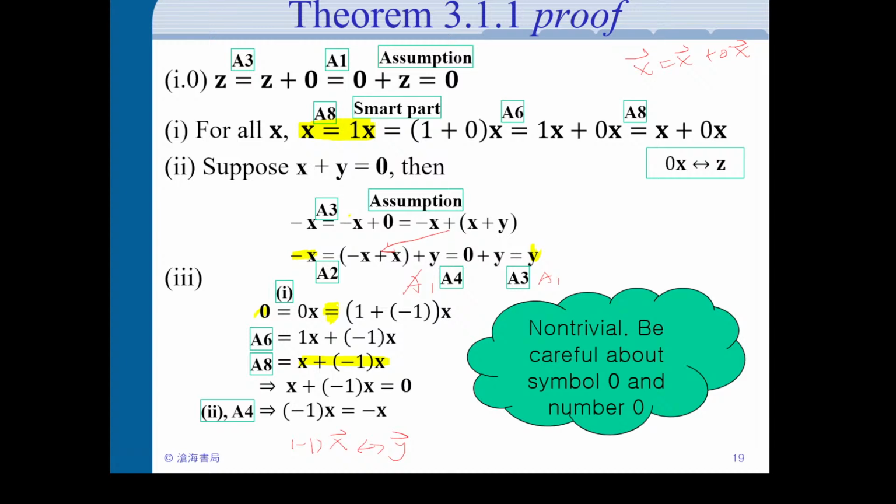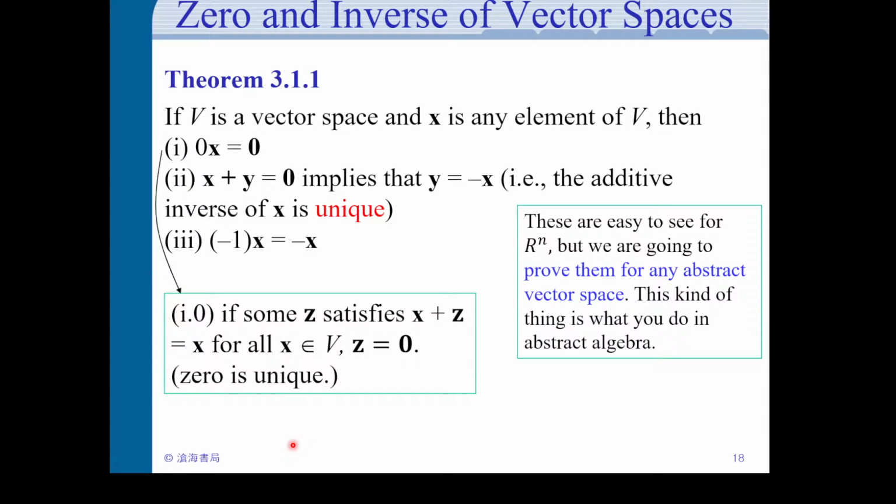So this is a very mathematical theorem where we use all those abstract manipulations to prove a very abstract rule about abstract vector spaces.